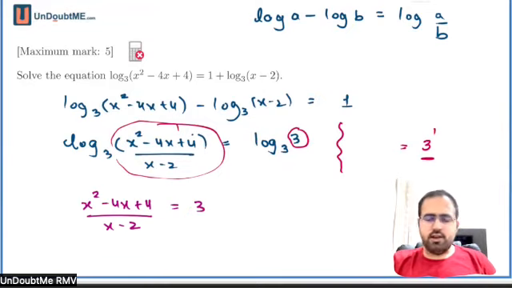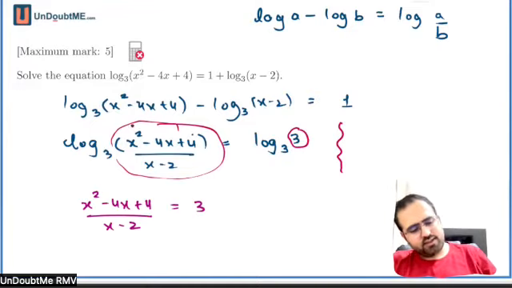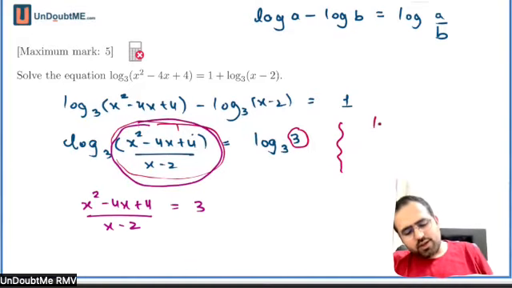After this, I'm waiting for the answer. I think there's an easier way. Can you tell me if this is correct or not? Circle this whole expression, and you can assume it to be p. So what is written is log of p to the base 3 is equal to 1.